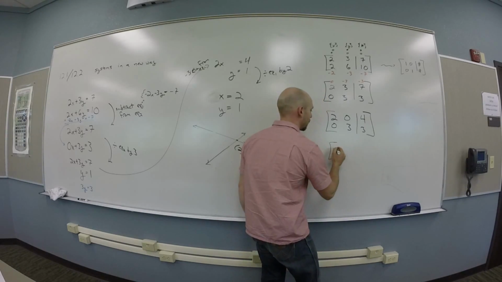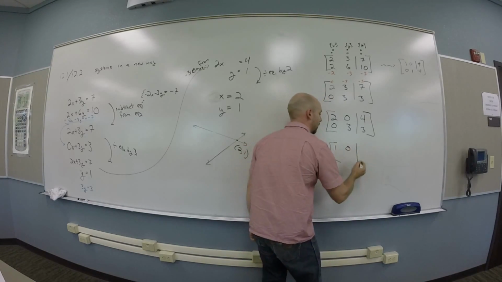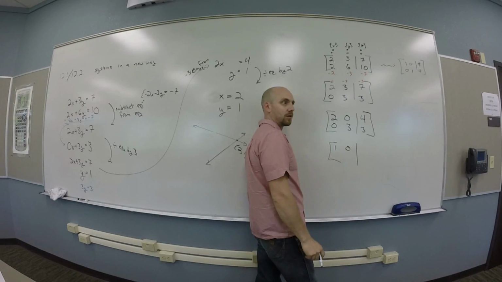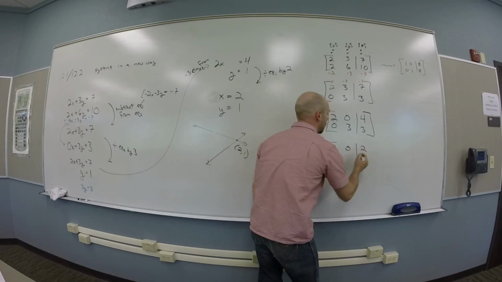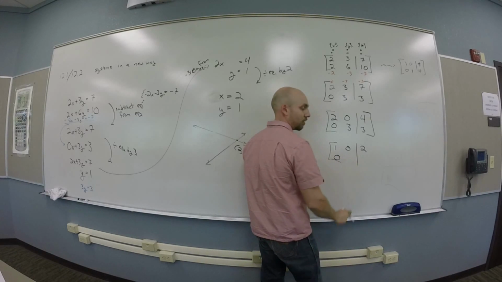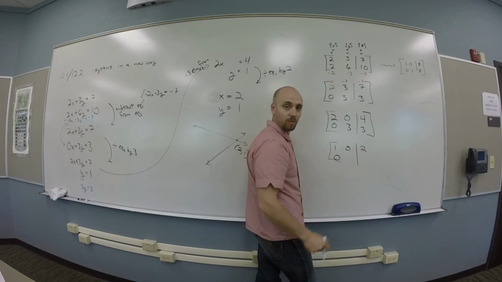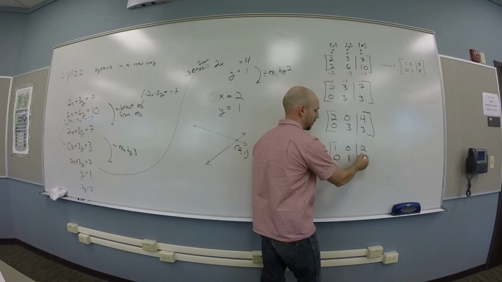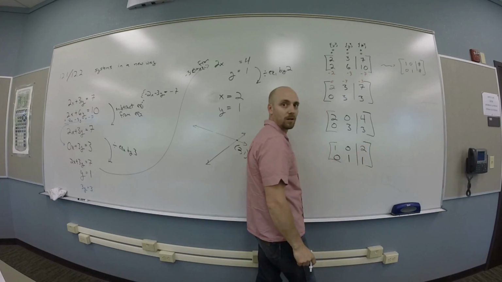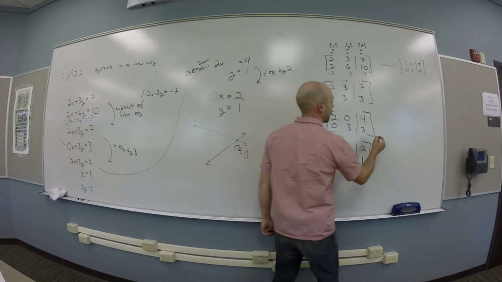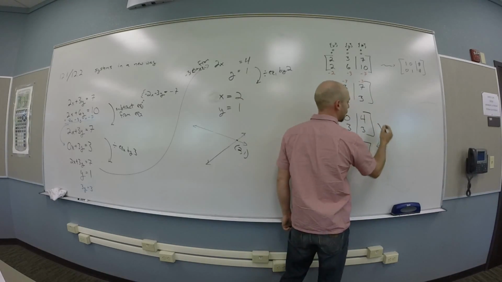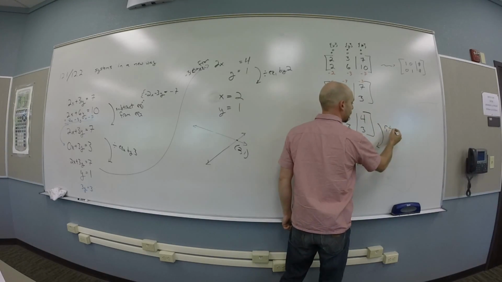So we're going to do 1, 0, 2, and 0, 1, 1. So you're dividing by what? So on this step, I took R1 and divided by 2, and I took R2 and divided by 3.